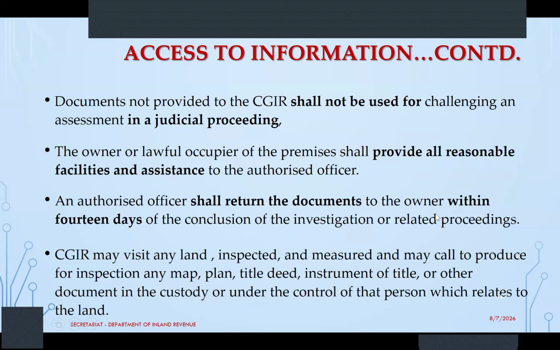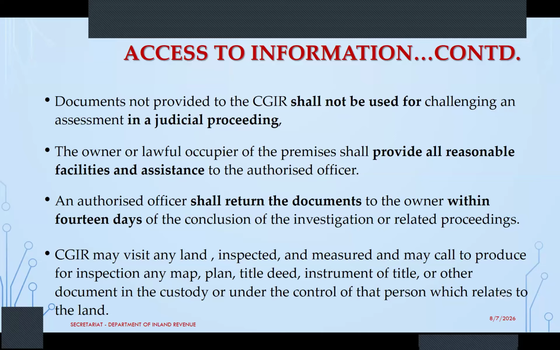So the Commissioner General and IRD officials have power to request any details from the taxpayer, and from third parties with regard to that taxpayer. So from banks and other organizations, we can request details about any taxpayer. That authority is given in the Act.